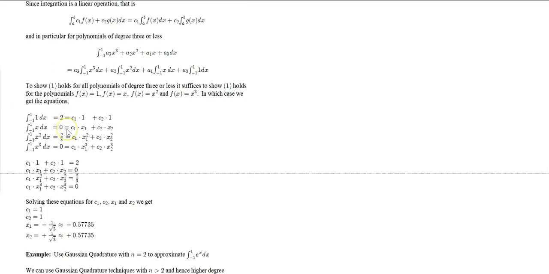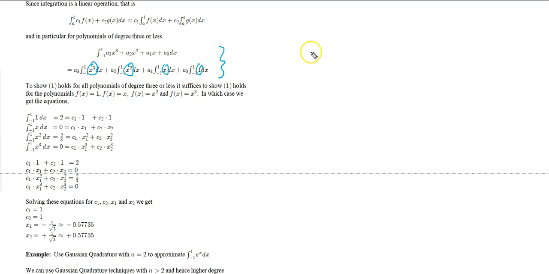Because of this property right here, it suffices to show that the equation holds just for the polynomials 1, x, x squared, and x cubed.